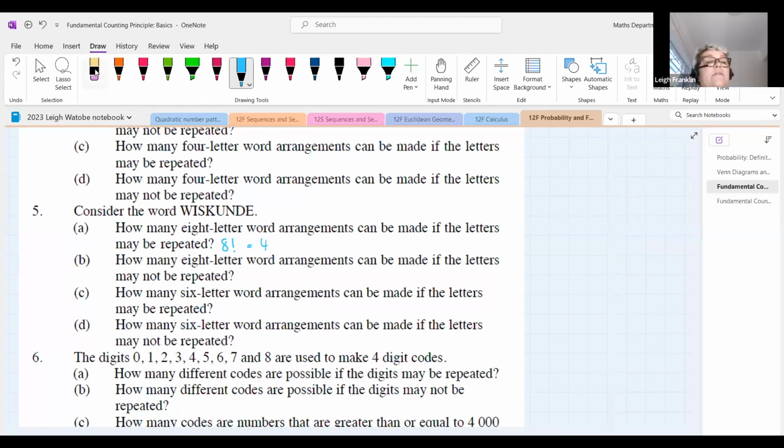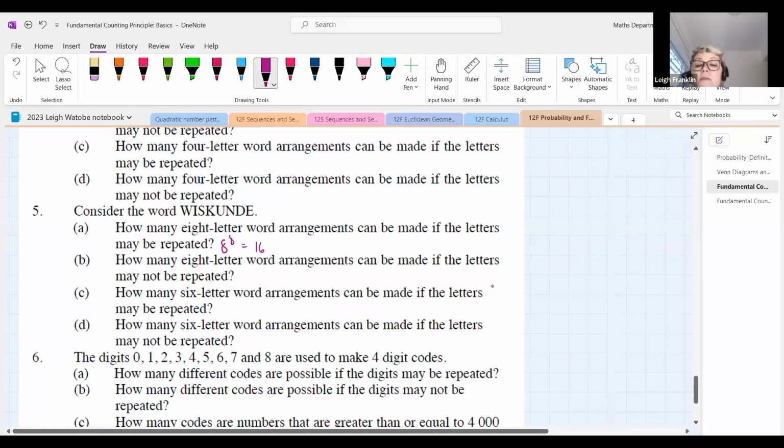Oh, hang on a second. It's not. It's so easy to fall into the trap. If the letters may be repeated, the letters can be repeated. There we go. Kumo. Almost getting foxed by my own questions here. Okay. Yes. 8 to the power of 8. Yes. That's right. We've seen this before, haven't we, Kumo?